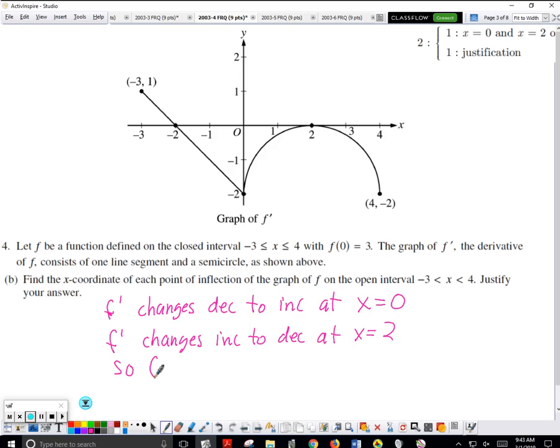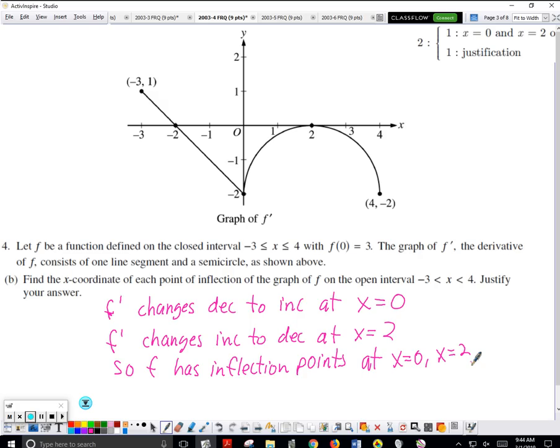So F has inflection points at x equals 0 and x equal 2. That would give me 2 more points. Questions?